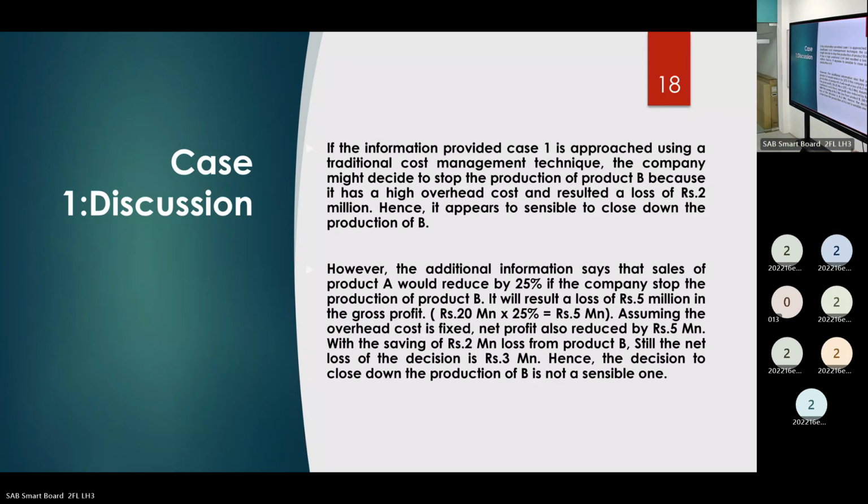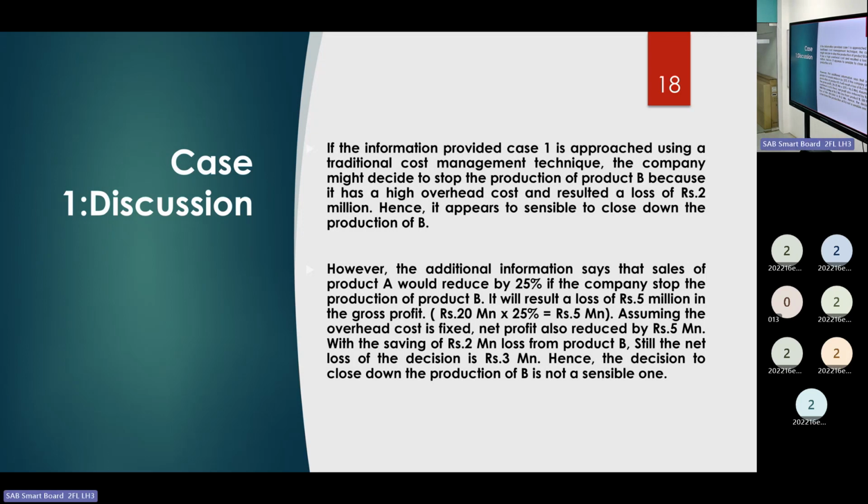Discussed. In the information provided in case A, using the traditional cost management techniques, the company might decide to stop the production of B because it has a high overhead cost and resulted in a 2 million loss.